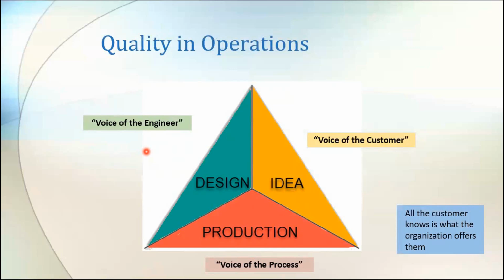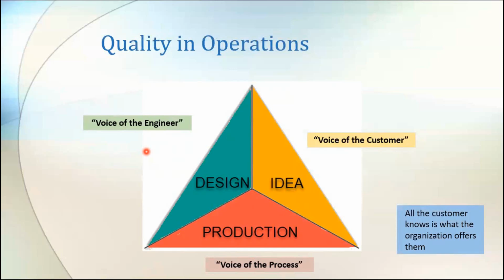Now, Deming curiously stated that you can have a great idea and a great design and have poor production and not have quality. You can also have an idea that's not well understood, execute it with a great design, and have great production, and have a product that the customer does not want.